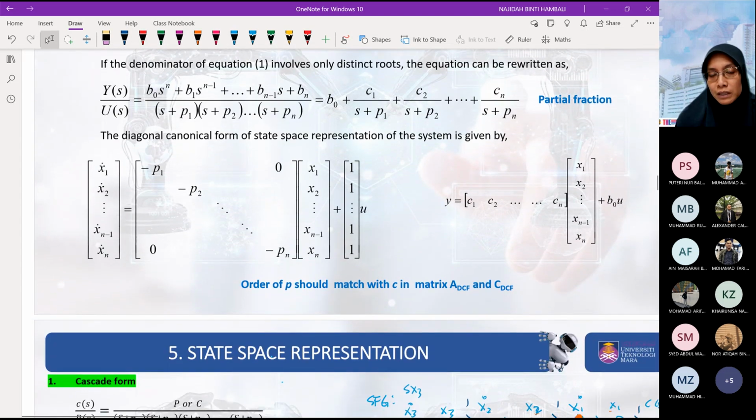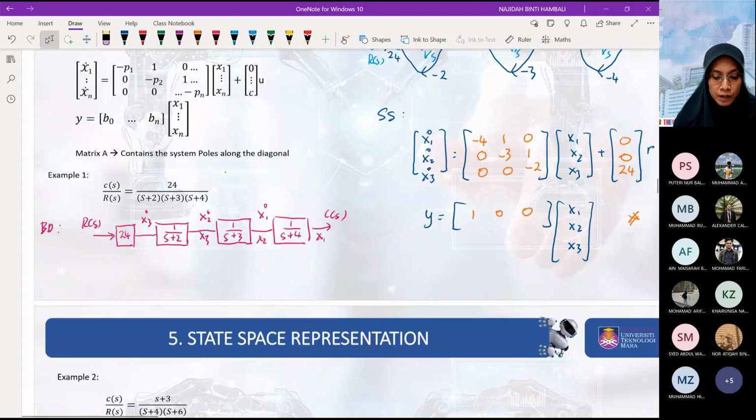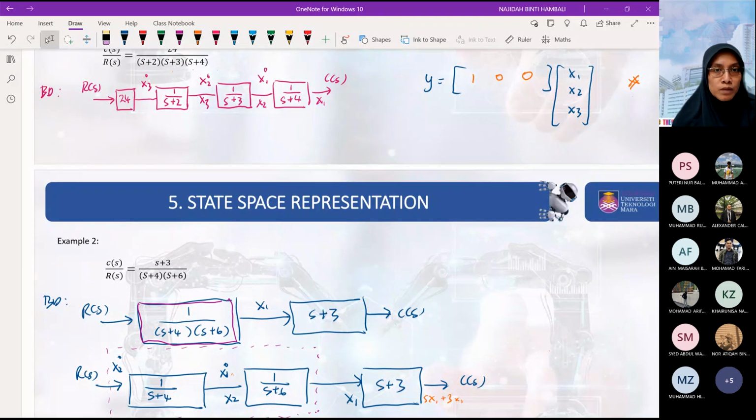So soalan boleh minta mana-mana form untuk state space equation. So you kena tahu dia punya pattern, macam mana nak susun the roots from the transfer function daripada denominator, daripada numerator nak susun dalam bentuk macam mana. So you kena tahu. And then boleh juga soalan minta you briefly explain what is phase variable form, what is controllable canonical form, observable canonical form, diagonal canonical form.